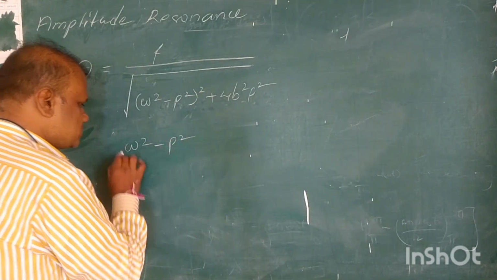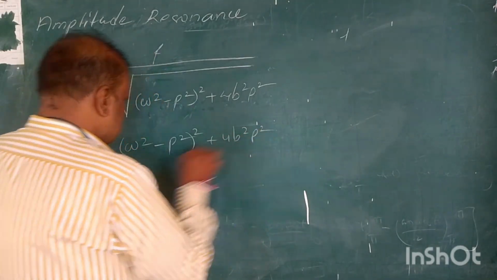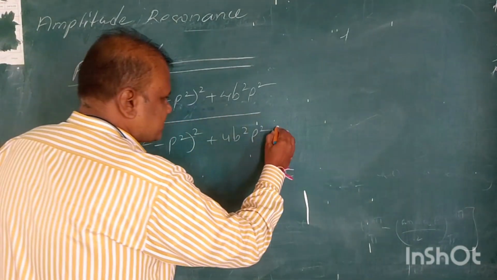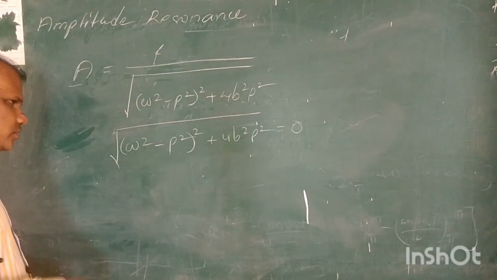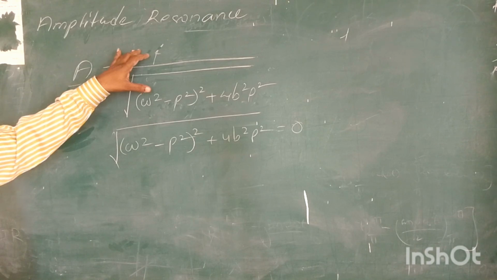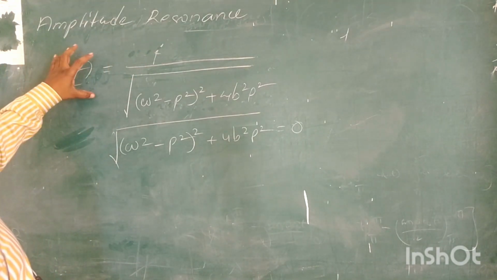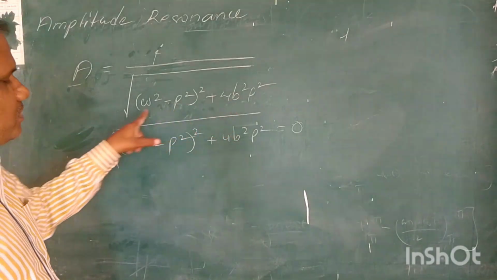So this denominator should be minimum. Minimum means if the value is equal to 0, then 1 by 0 becomes infinity, that means the amplitude becomes maximum. So to get the amplitude maximum in case of a forced oscillator, the denominator should be minimum.